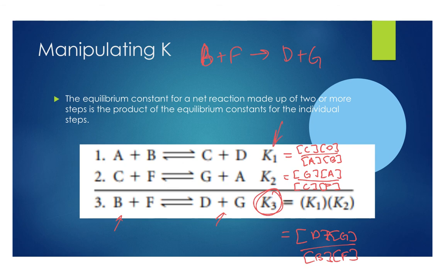Well, if we know the equilibrium constant for that step and for that step, we can multiply them together and get the equilibrium expression for the overall reaction.